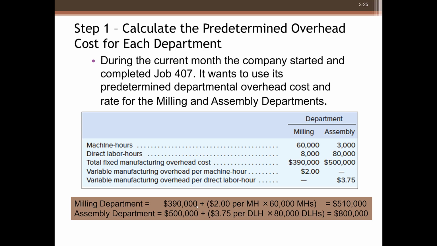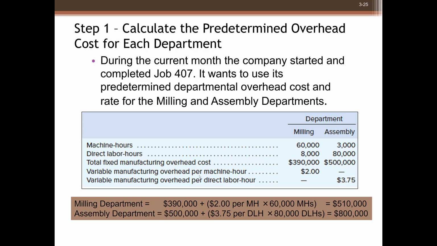Now we will calculate estimated manufacturing overhead, the numerator of the formula. Let's first take a look at the milling department. Follow the equation y equals a plus bx. A is fixed manufacturing overhead cost. For the milling department, 390,000. Plus bx.